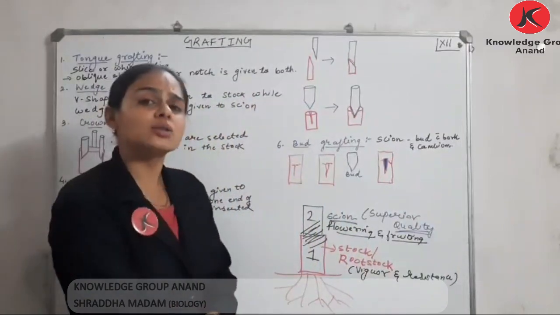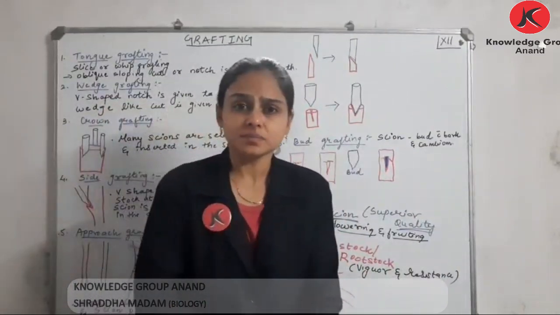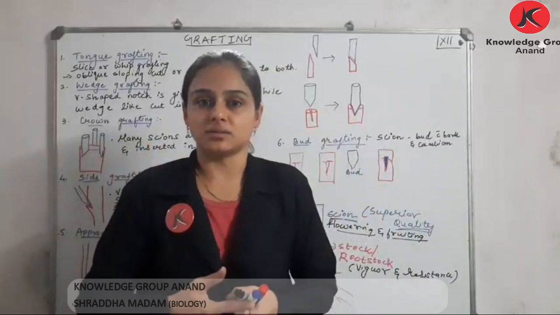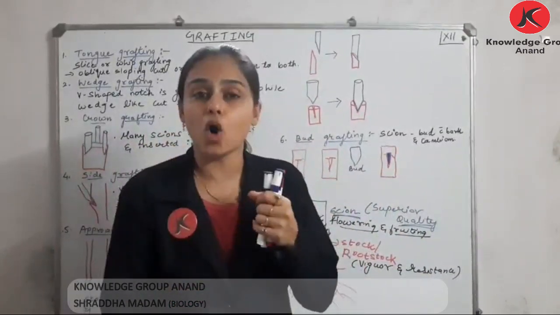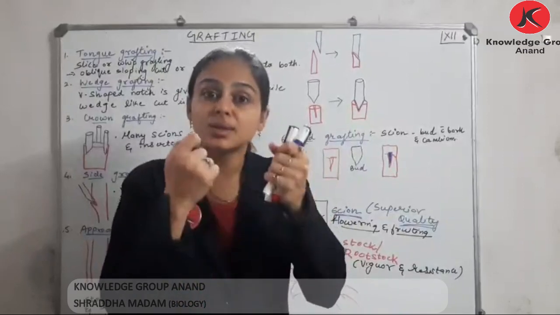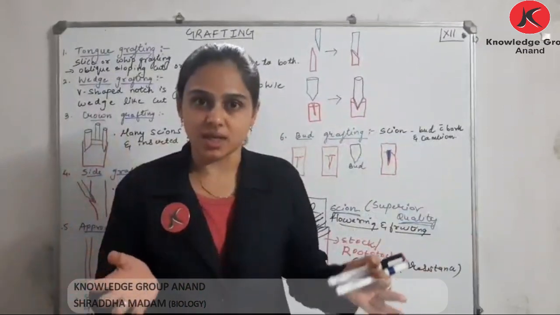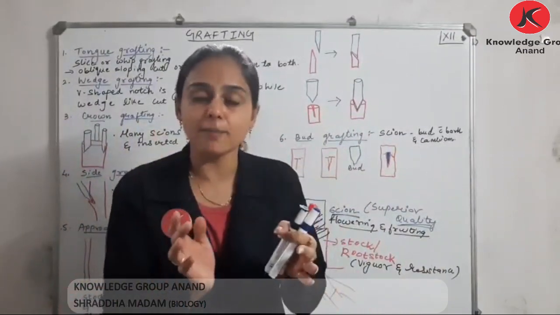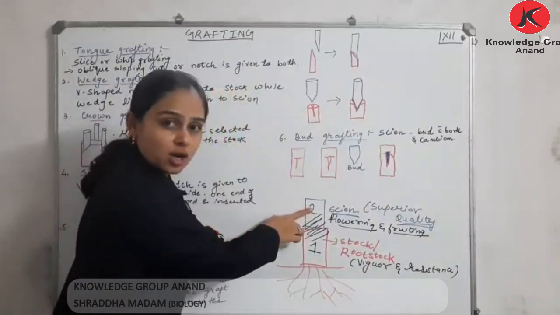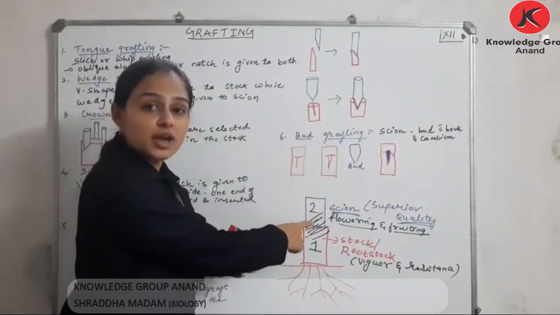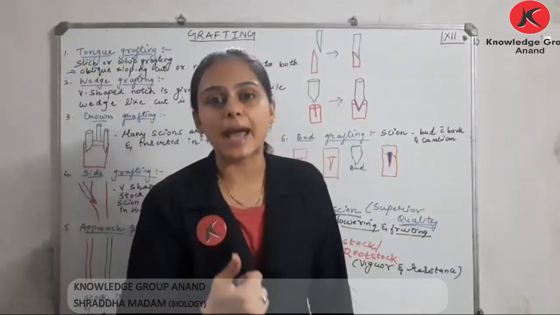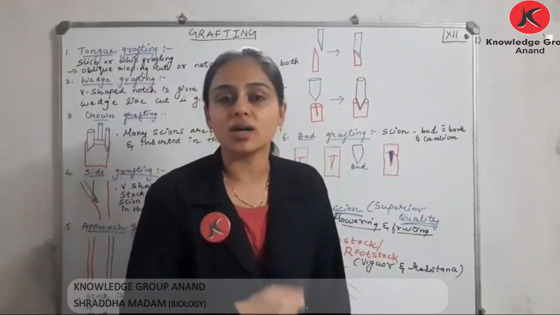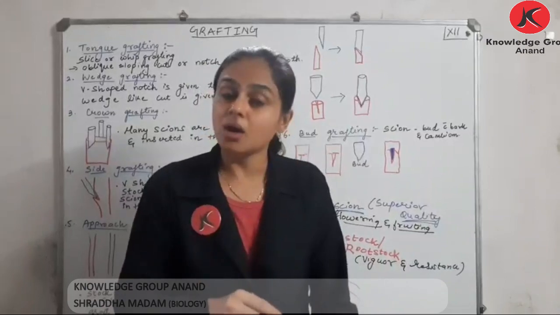अब क्या होता है in grafting? We are allowing cambium of, it exposes, I can say, it exposes cambium of both stalk as well as your scion. ठीक है? Grafting exposes cambium of stalk as well as scion, right?